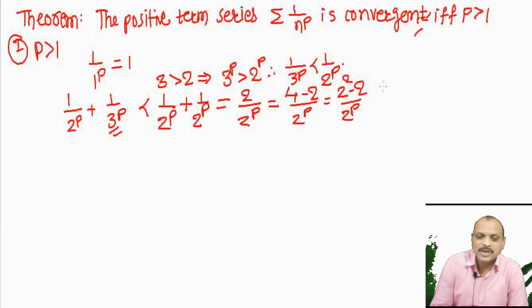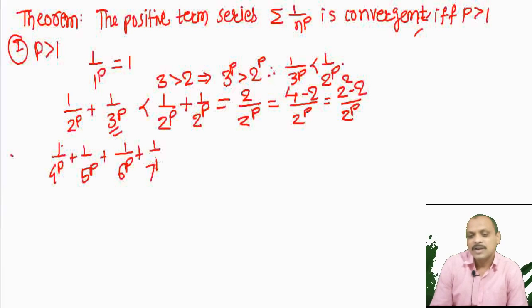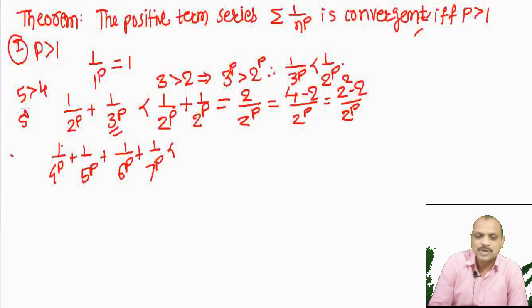Now again 1 divided by 4 raised to p plus 1 divided by 5 raised to p plus 1 divided by 6 raised to p plus 1 divided by 7 raised to p, and this will be less than everywhere. Here we can see that similarly 5 is greater than 4, so 5 raised to p is greater than 4 raised to p, and whence 1 divided by 5 raised to p is less than 1 divided by 4 raised to p.